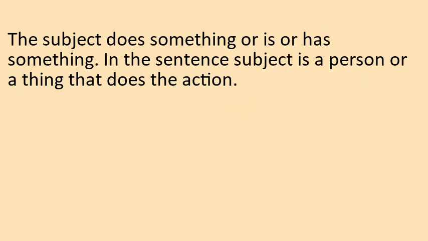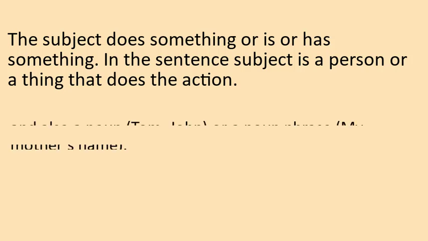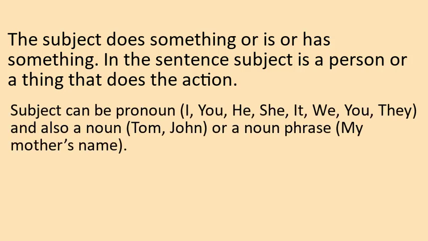Quick recap of what we have learned today. Number 1, the subject does something or is or has something. In the sentence, subject is a person or a thing that does the action. And the next, subject can be pronoun like I, you, he, she, it, we, you, they, and also a noun like Tom, John, or a noun phrase like my mother's name.